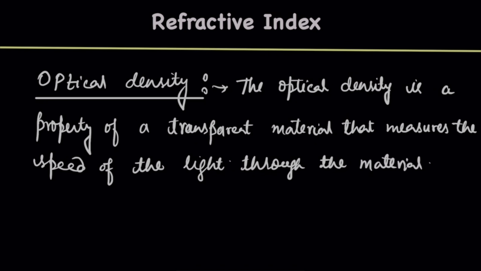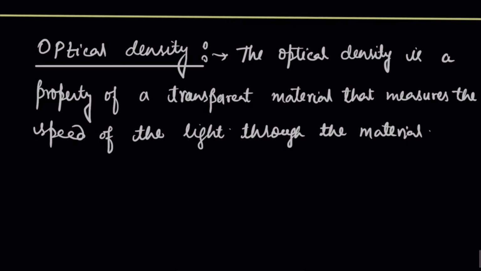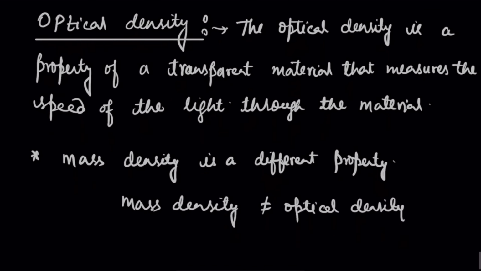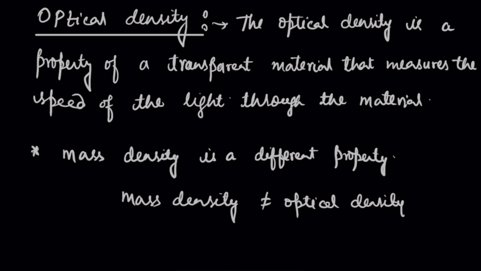So what is the meaning of optical density and how is it different from mass density? The first thing I want to say here is that mass density is a different property. It means that mass density is not equal to optical density. For measuring mass density, we need mass and volume. But for measuring optical density, we need the refractive index.